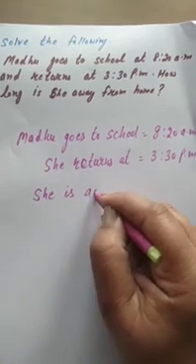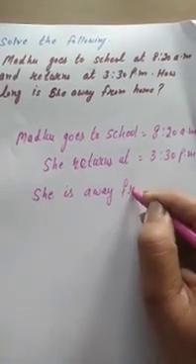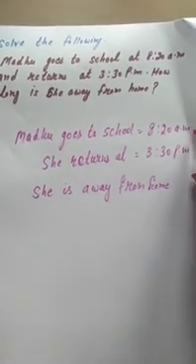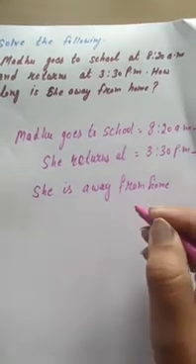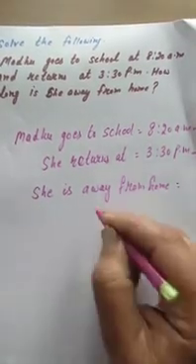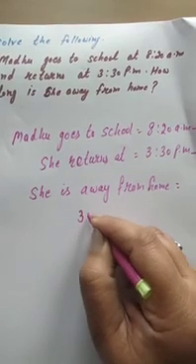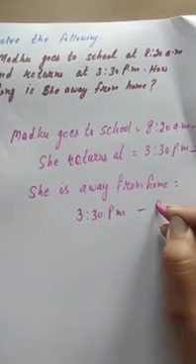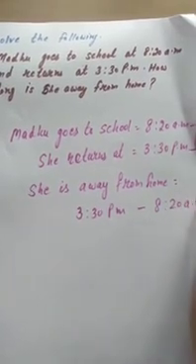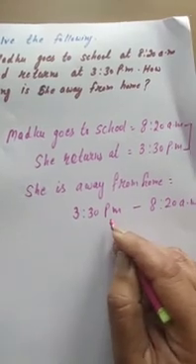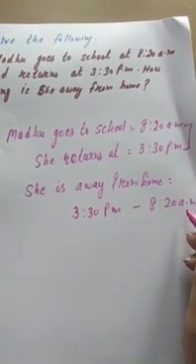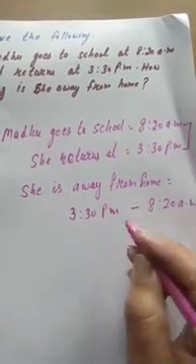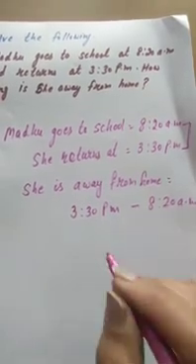She is away from home. To find that, what will we do? We will subtract these two given times. So here we will subtract 3:30 p.m. minus 8:20 a.m. But here you can see again, one time is in PM and the other time is in AM. So first of all, we will equalize the units. So here we will write both times in the 24-hour system.